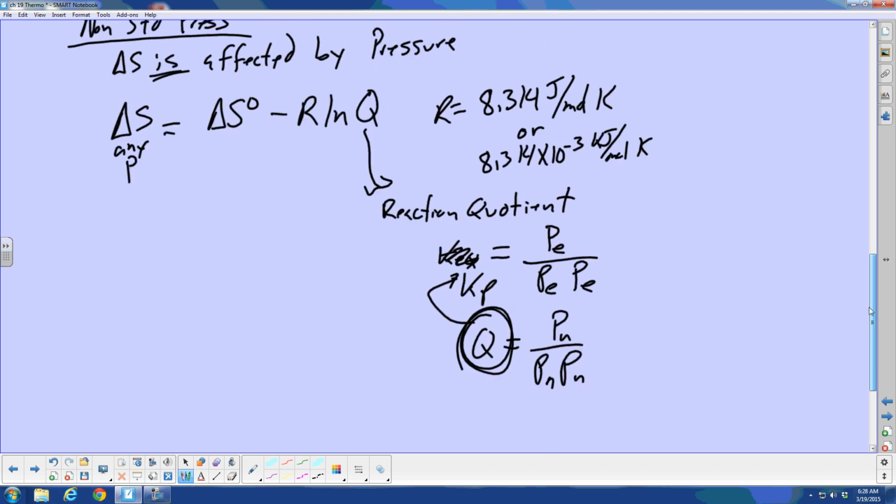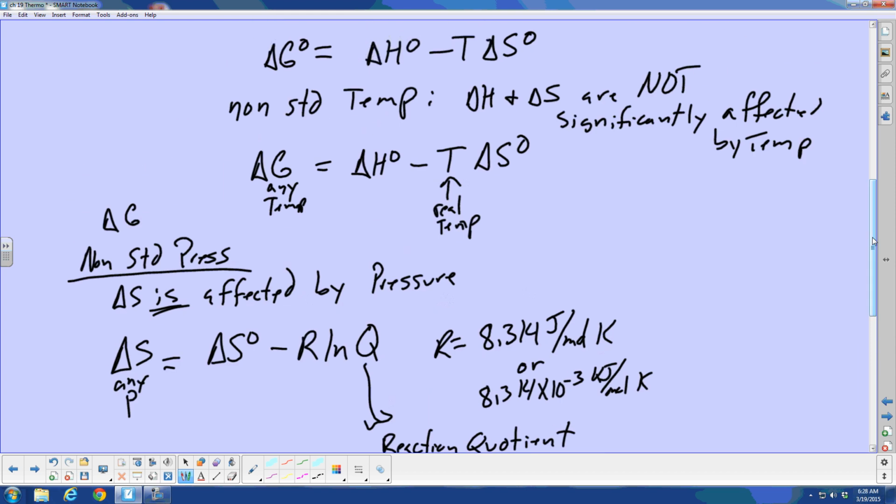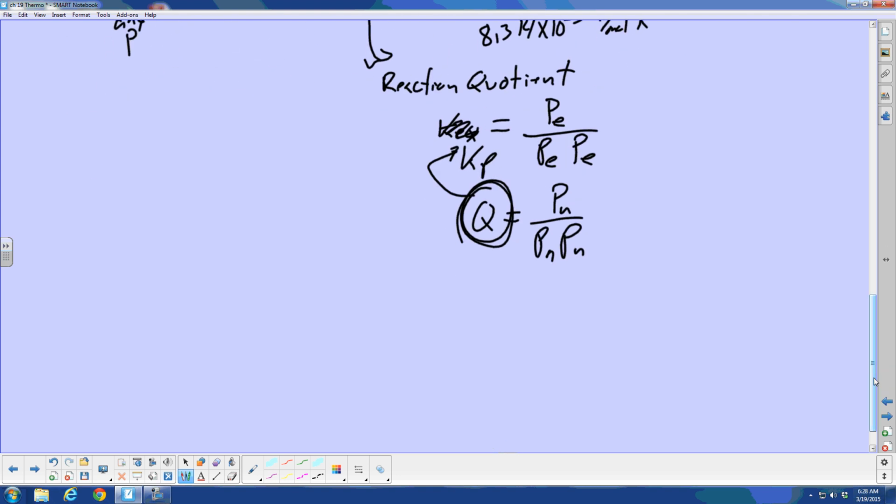So let's walk through. We'll start up here and see what we get. We have delta G equals delta H minus T delta S, right?